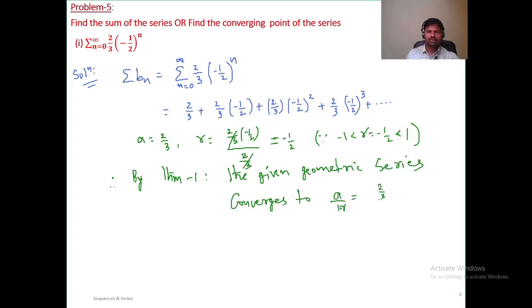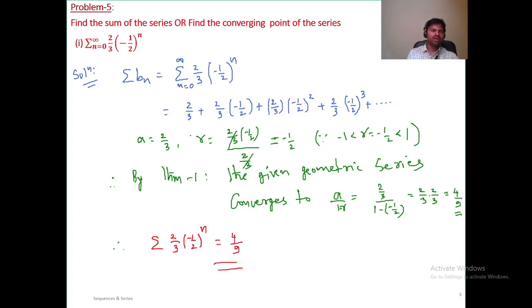A is 2/3 divided by 1 minus of minus 1 second. So this will be 2/3 into 2/3, which is 4 by 9. So therefore, what is the conclusion? The series 2/3 into minus 1 second raised to n converges to 4 by 9. That's it. So this is the conclusion.